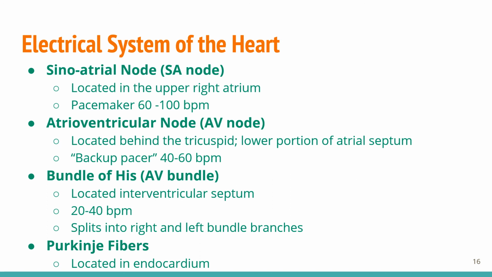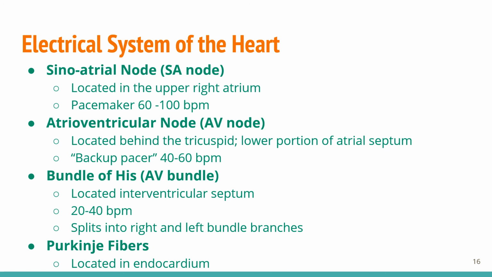If for some reason that were to fail or not fire properly, then your AV node takes over. That's located behind the tricuspid valve, in the lower portion of the atrial septum, and it's considered your backup pacer.